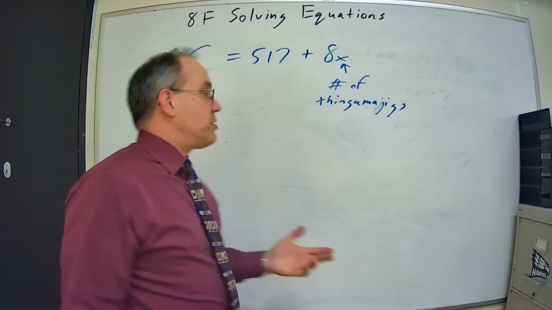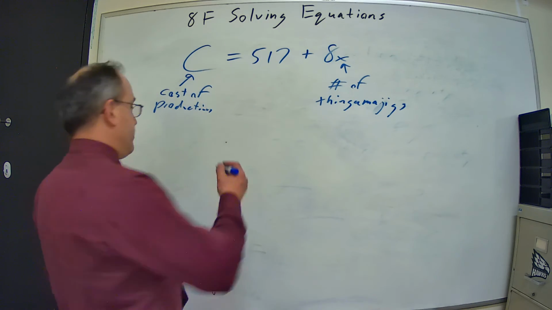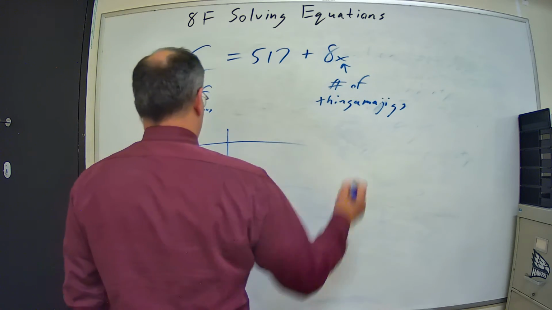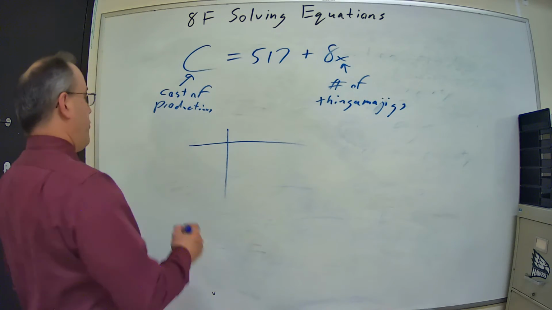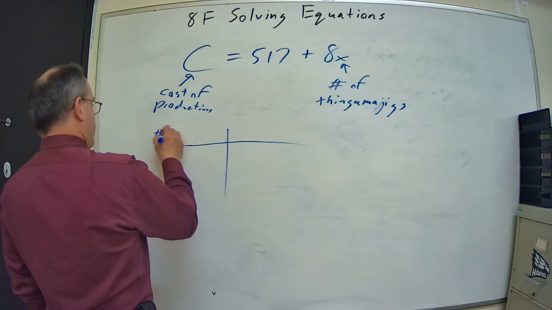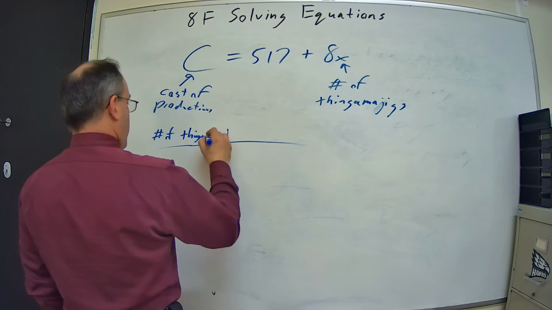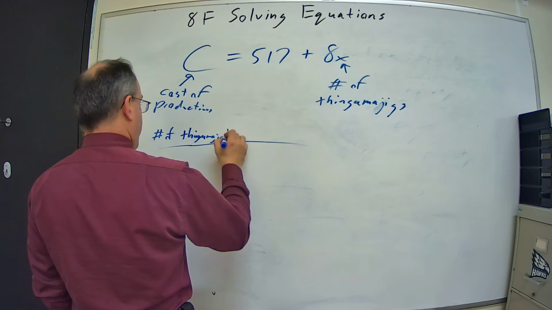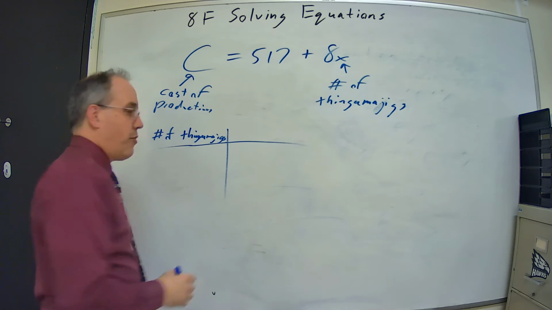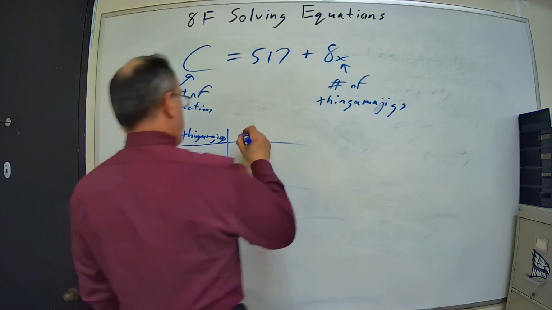So if we have this, let's complete the following table. Number of thingamajigs and the cost of production.